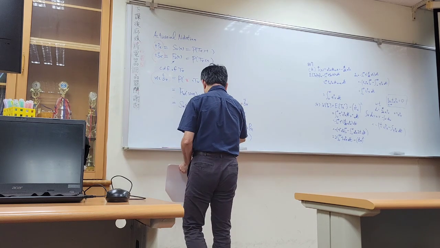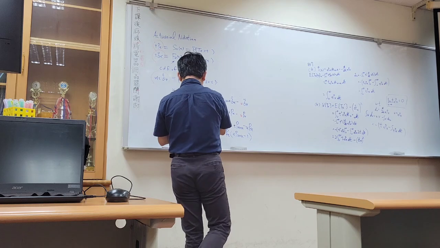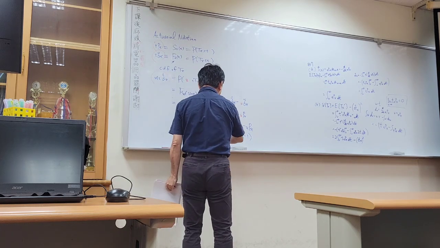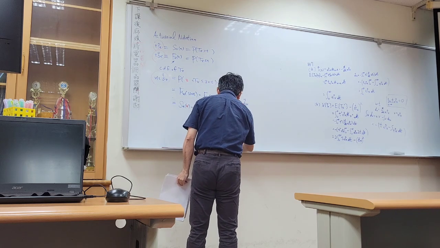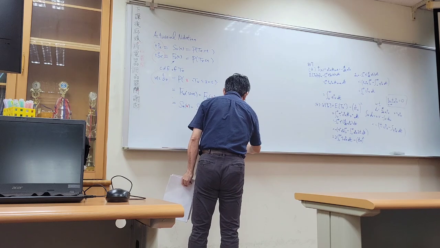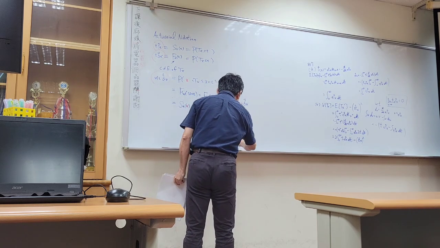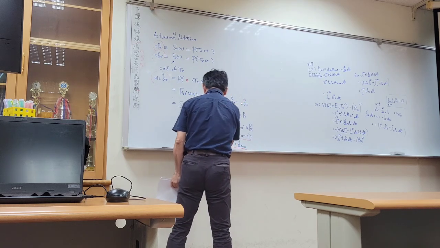Okay. And I can also write it as equal to UPX multiplied by T p X plus U. These two are the same.